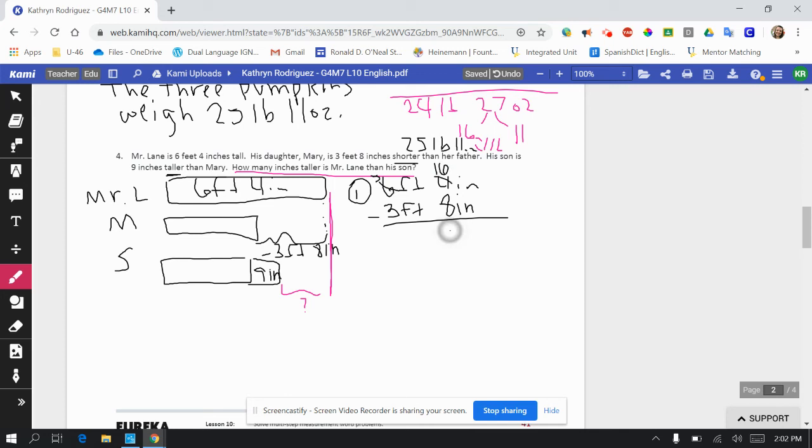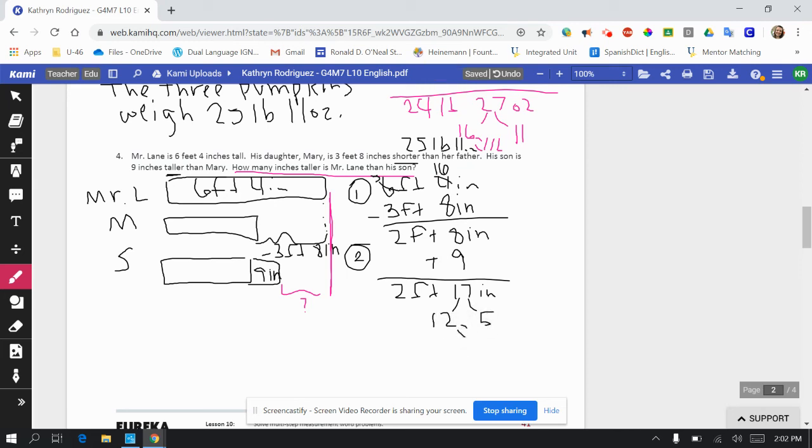This becomes 16 inches, 8 inches. All right, so Mary is really short. I'm imagining she is a little girl. His son then is 9 inches taller. So here's step 2. I'm going to add those 9 inches. We'll have 17 inches and 2 feet. Now this inches, we're going to divide that into 2 pieces, 12 and 5.